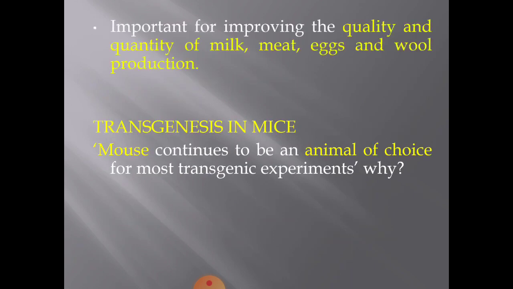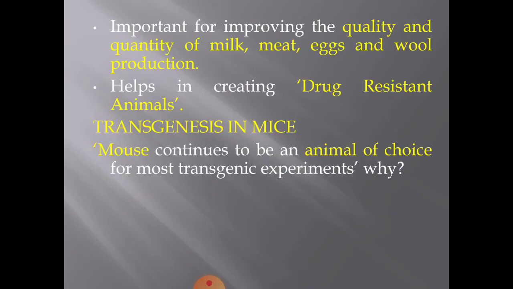Then transgenic animals are important for improving the quality and quantity of milk, meat, eggs and wool production that normally the human beings use, which are of either food value or used for other purposes. It helps in creating drug resistant animals. So these are the significance of transgenic animals.